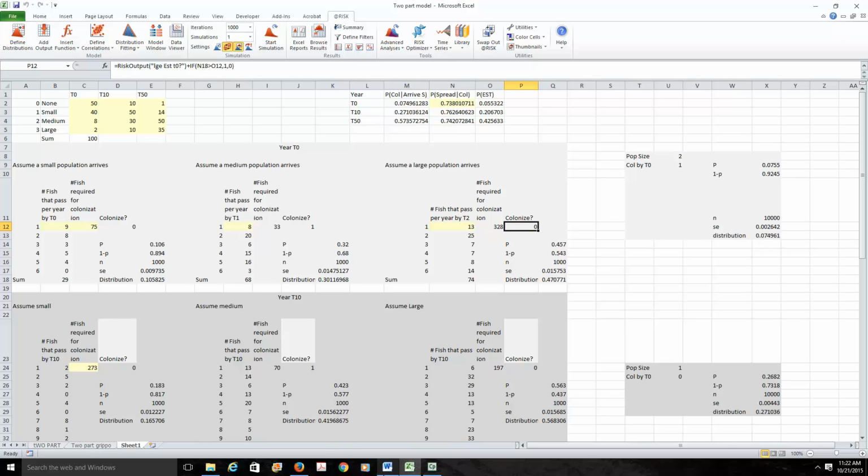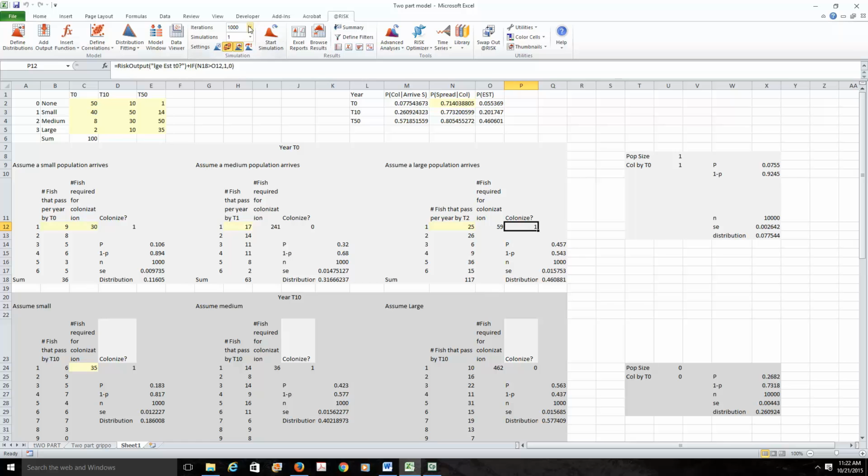So we can iterate this. You see the numbers changing here. Let me stop here. This is the circumstance where we had 36 fish get through. 30 of them are required for colonization, so this is a 1. We do have colonization. 63 is less than 241, so we have a 0 here. 117 is bigger than 59, so we have a 1 here.